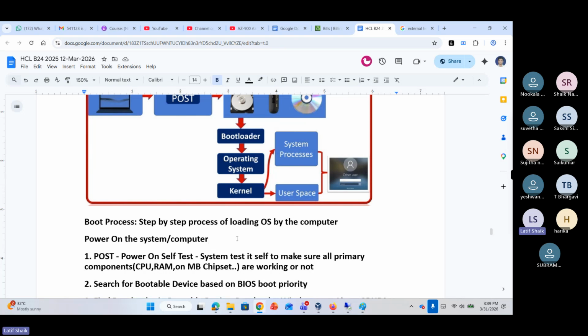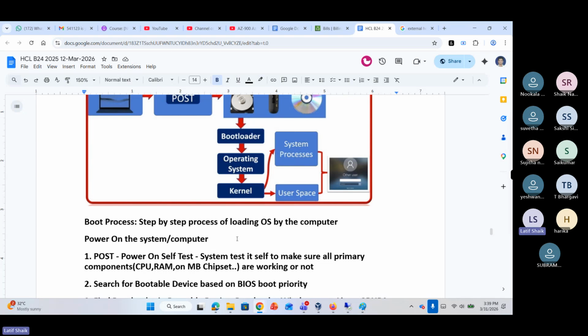You can tell it in different ways. This is one: step-by-step loading of OS. You power on the system, the OS is loaded. Once the OS is loaded, you get a login screen. How is this OS loaded? The step-by-step process of loading the operating system, not installing, loading the OS, by the system itself.